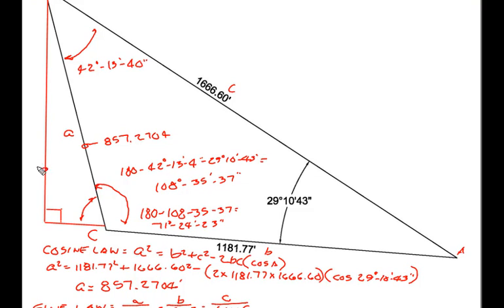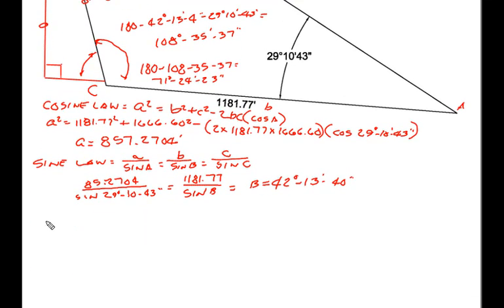So we need to find our height, which is this line here. We know this angle, we know our hypotenuse distance of this right triangle, so that allows us to find this, knowing that the sine of this angle is equal to the opposite divided by the hypotenuse.